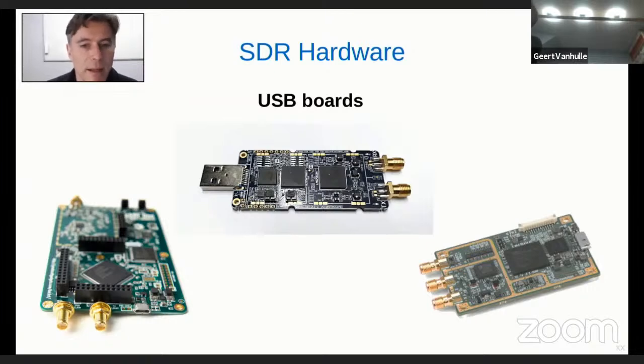This is going into our board, being digitized, turned back into complex samples, and this is the data stream that is being outputted via USB towards a general computing device like a laptop or another computer. So these are the typical USB boards that we would use here as software-defined radio in general.